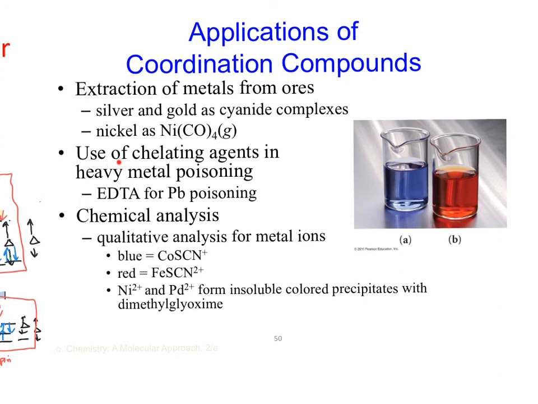We can use chelating agents in heavy metal poisoning, so EDTA can encapsulate that lead so it's no longer active, and also in chemical analysis. So qualitative analysis for metal ions, this allows us, by adding different ligands, we get unique colors to that specific metal cation.